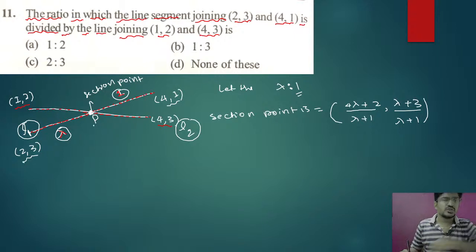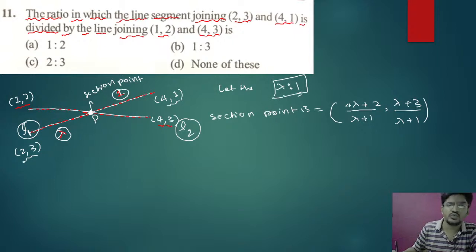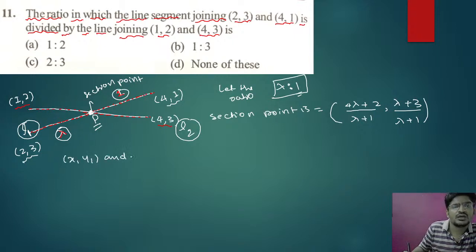Okay. So now to find this ratio, let the ratio be lambda is to 1. Now we have to find the section point, that is P, using the section formula. If x1, y1 and x2, y2 are the two points, what will be the section formula?